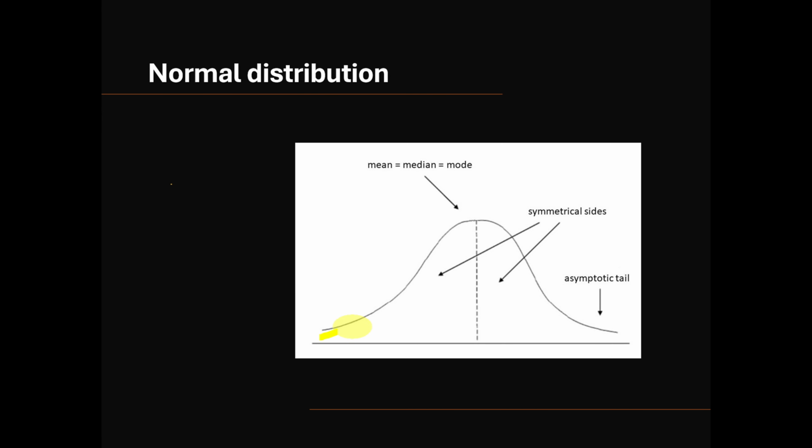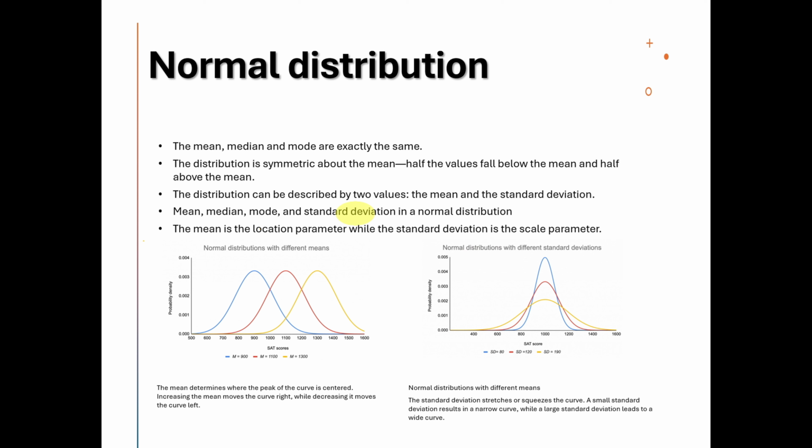A normal distribution curve is always like this. You have mean, median, mode always in the center, like I discussed. You have a tail on one side and a tail on the other side. Both sides are symmetrical. The mean, median, mode are exactly the same.